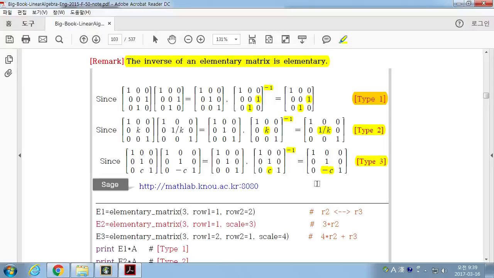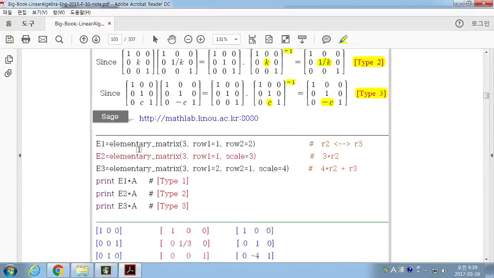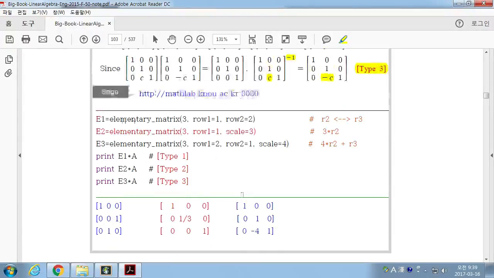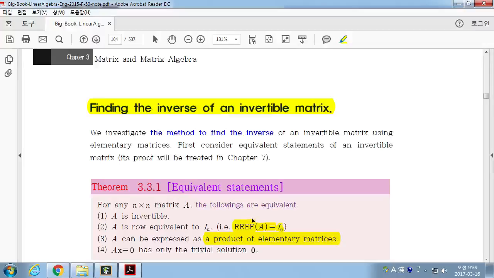And the product of these two is the identity matrix. So with these properties in mind, it can be easily checked. From a given elementary matrix, the inverse matrix can be found easily.